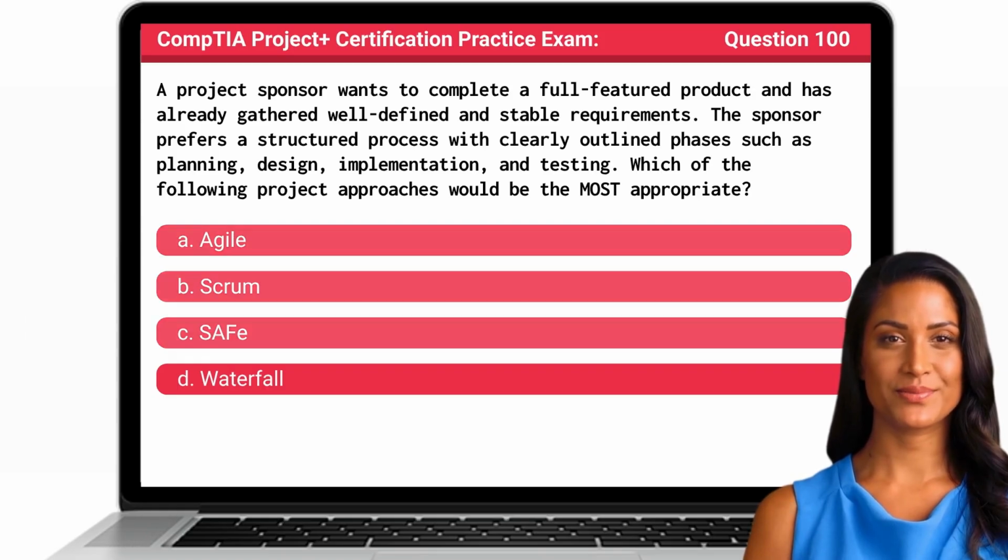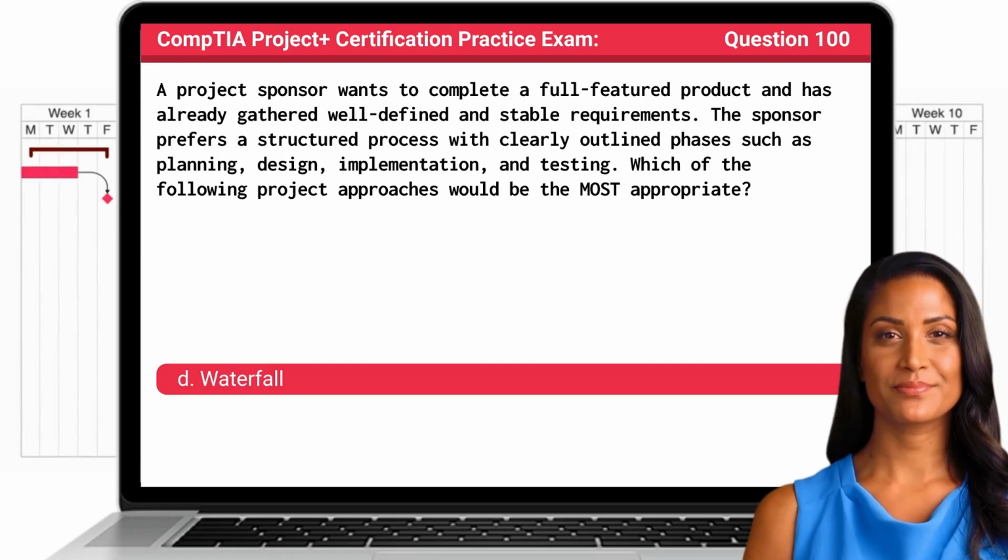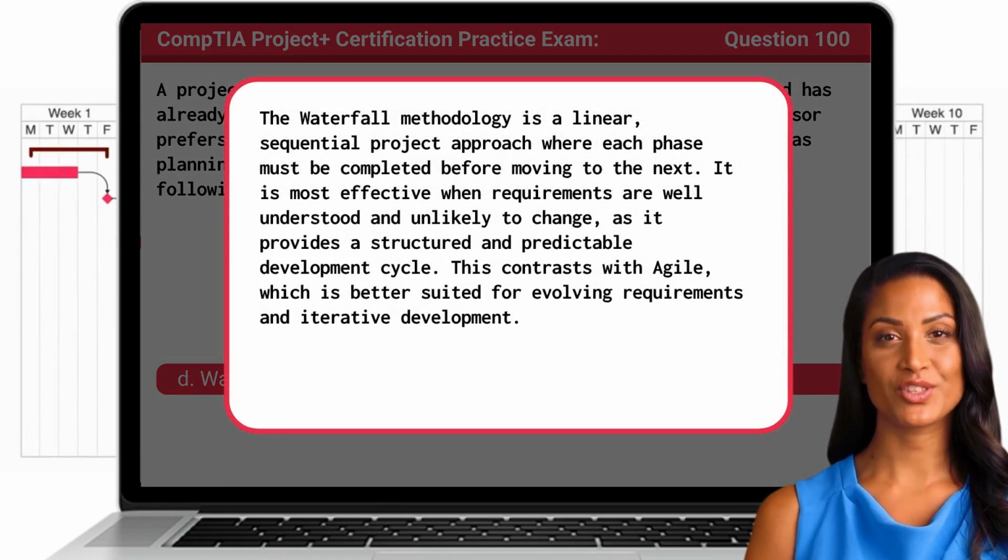The answer is D. Waterfall. The waterfall methodology is a linear, sequential project approach where each phase must be completed before moving to the next. It is most effective when requirements are well understood and unlikely to change, as it provides a structured and predictable development cycle. This contrasts with Agile, which is better suited for evolving requirements and iterative development.